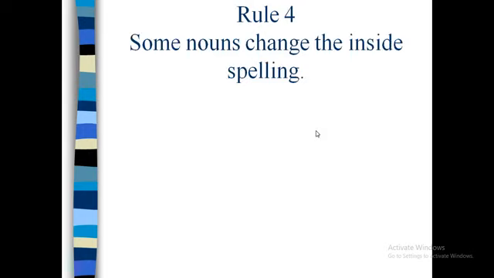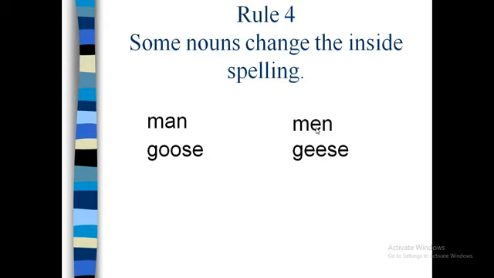Now, rule number 4. Some nouns change the inside spelling, يعني different spelling, يعني يتغير شكل الكلمة كليا. For example, man, men. I don't write man, mans, no. I write men. Okay. What about goose? Goose, الوزة. Goose becomes geese. هذا noun، ولكن لا يبقى على نفس الصورة يتغير إلى geese.